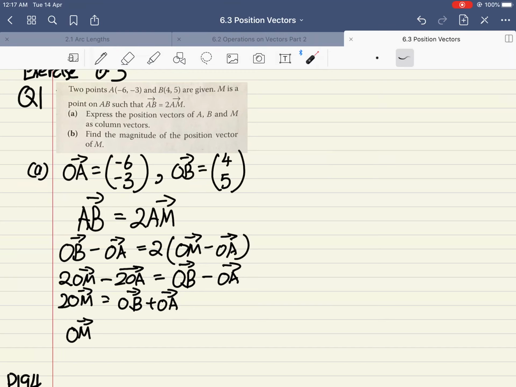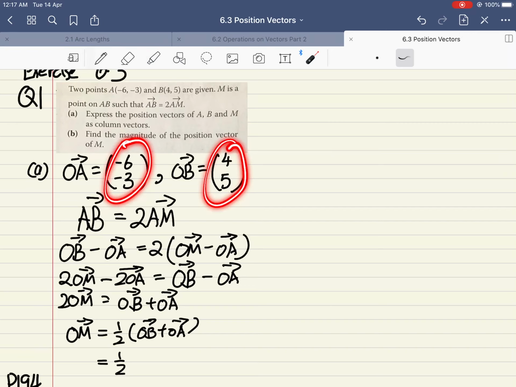Then after that I want to get OM. How do I get rid of the 2? Just like algebra. If I divide by 2 on both sides, I get half of OB plus OA.